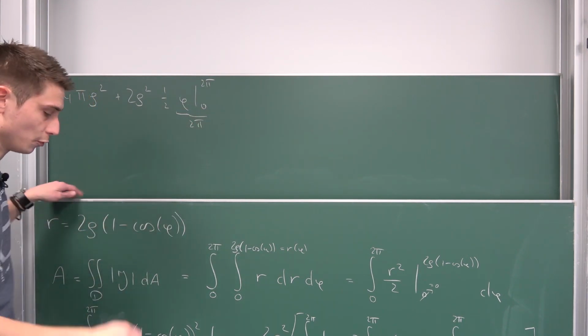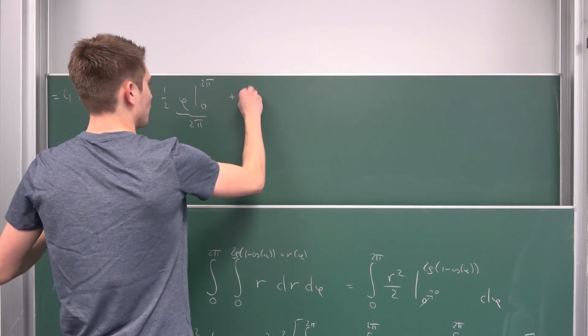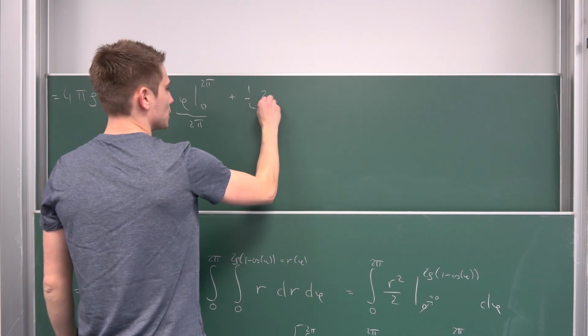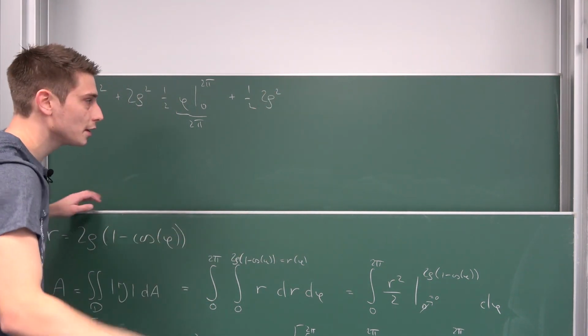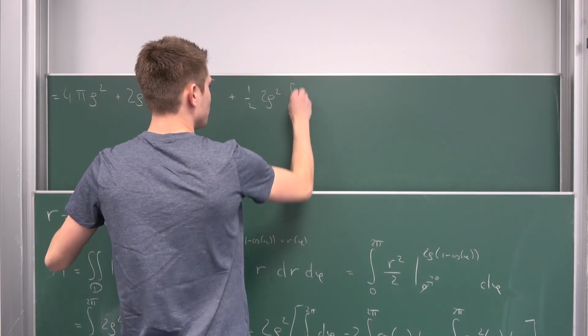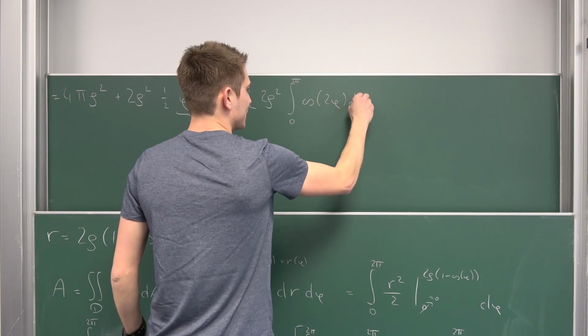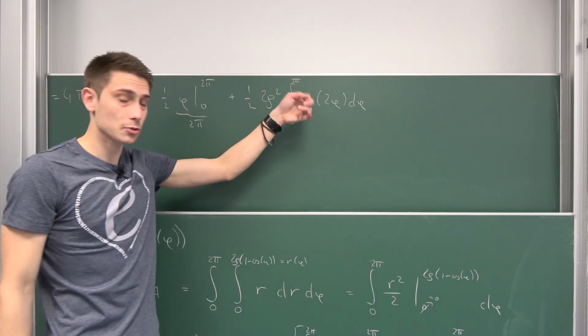We had this situation before. Then we have plus 1/2, we have this chunk once again, 2 times rho squared, and it doesn't quite matter, to be honest, if we drag this along. And then we have the integral from 0 to 2 pi of the cosine of 2 times phi d phi.